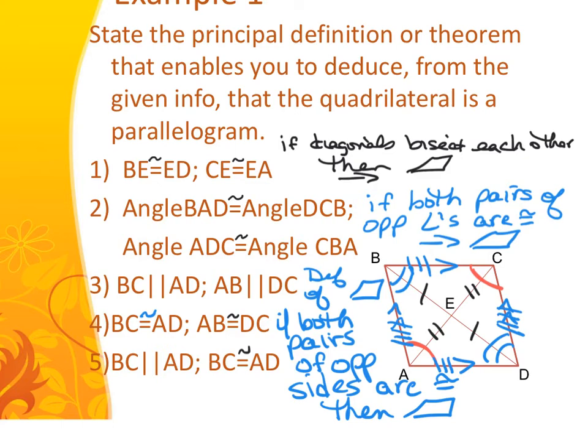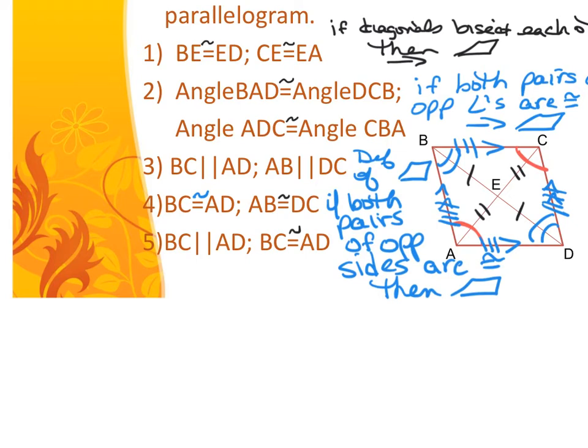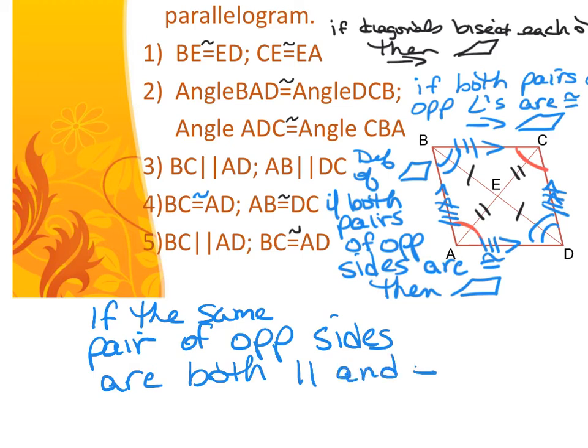And then the last one, number 5, if the same pair of opposite sides are both parallel and congruent, then we have a parallelogram.